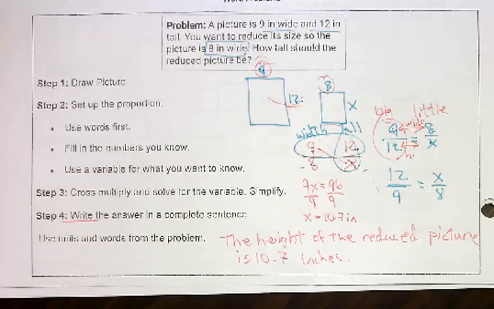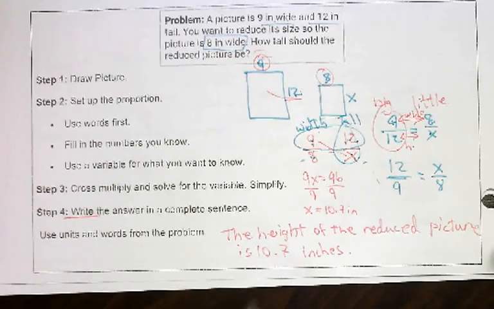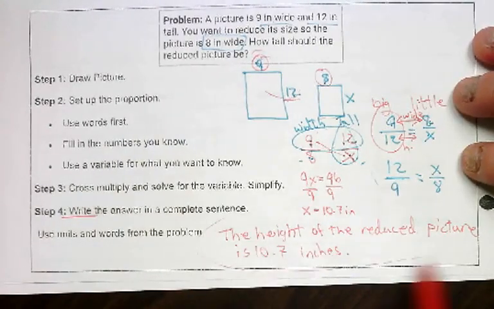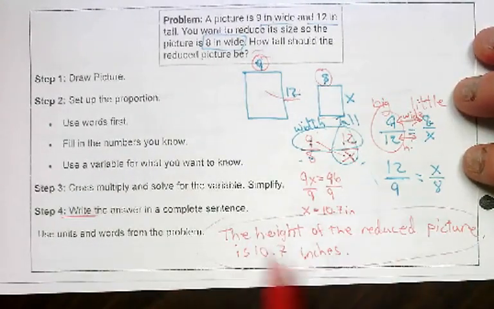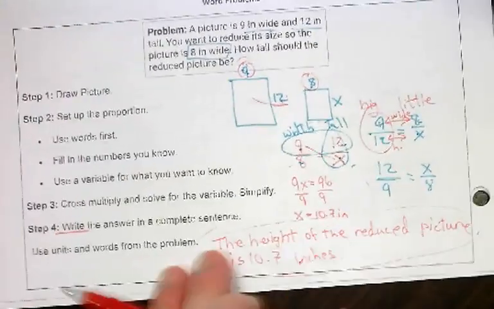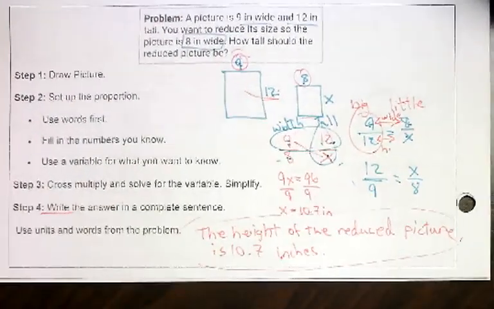You could write, the reduced picture should be about 10.7 inches tall. But you want to make sure that people know what you're talking about in the answer. And this gets important when you start getting into the higher math levels and start practicing for AP tests where you have to write things out.